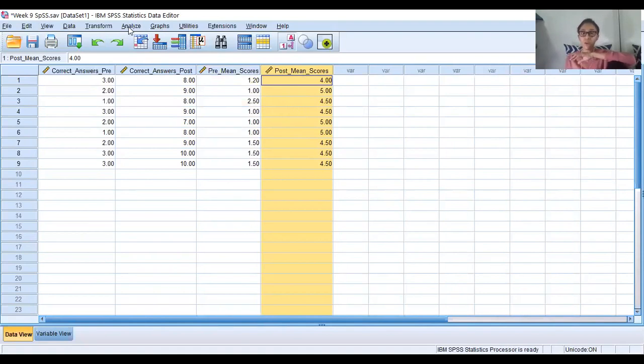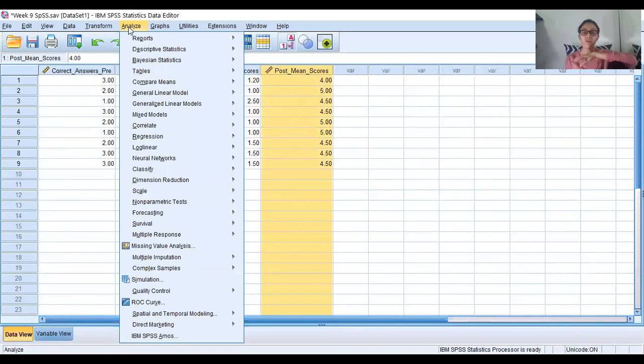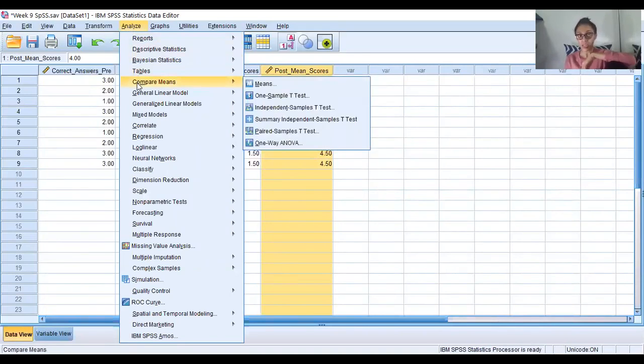Now you go to analysis. Within analysis, you go to compare means. I'll take this very slowly so that you can do it on your own time. So you go to analysis, compare means, then paired sample t test.